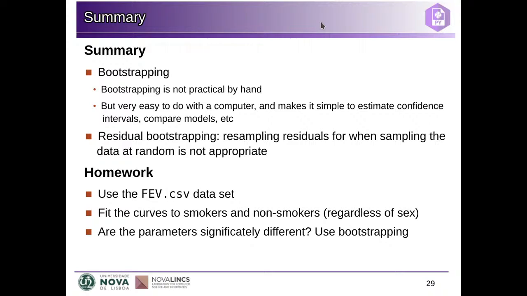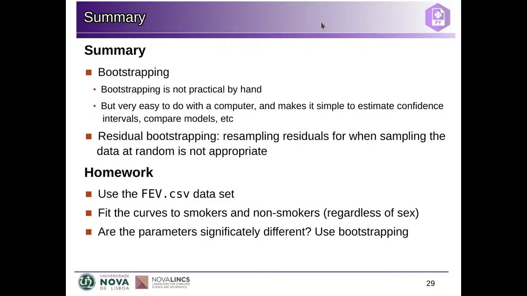For this week, I still did not have time to get the lecture notes ready, but the homework exercise, so the mandatory exercise for this week, is just to use the same data set that I showed you with the children and teenagers and the lung capacity, and replicate the same kind of approach that we are seeing here, but instead of comparing boys and girls, compare smokers and non-smokers.